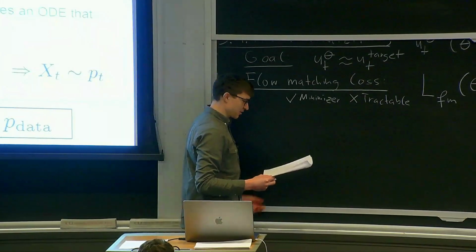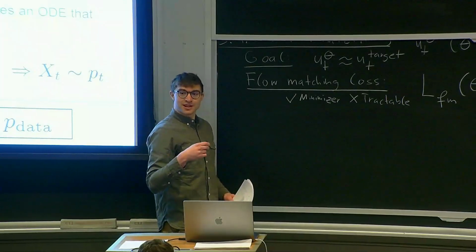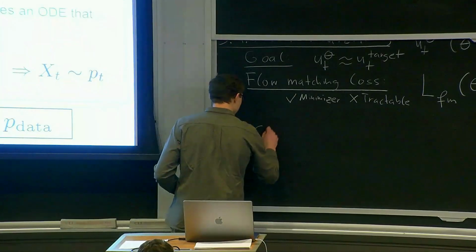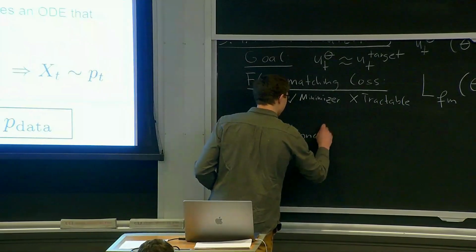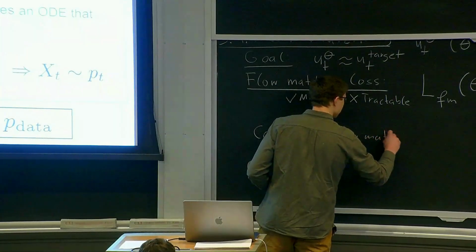We cannot compute it. But now we do the same thing as we did in the last lecture. We're taking a conditional loss, and that's going to be the one we actually can compute. So same as before, we have now a conditional flow matching loss.